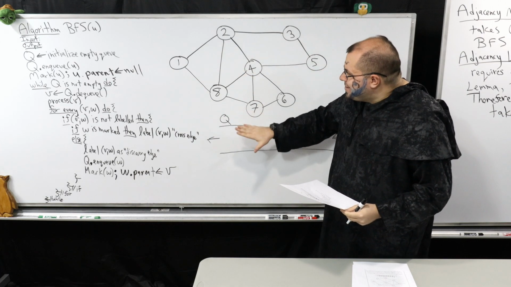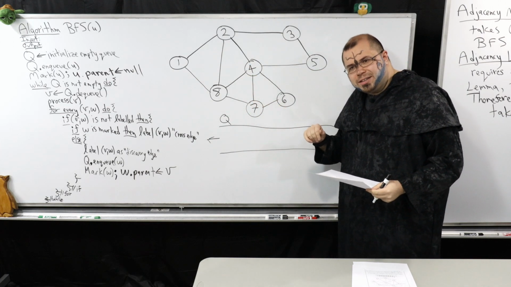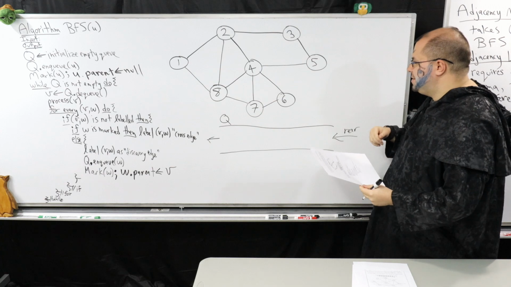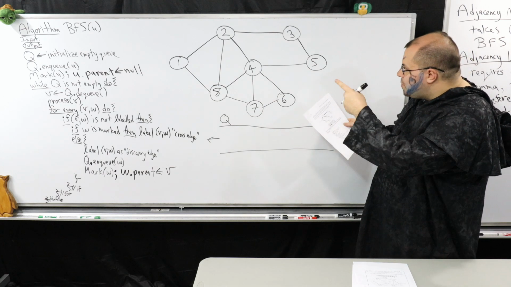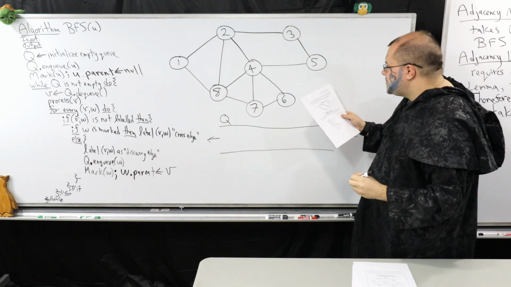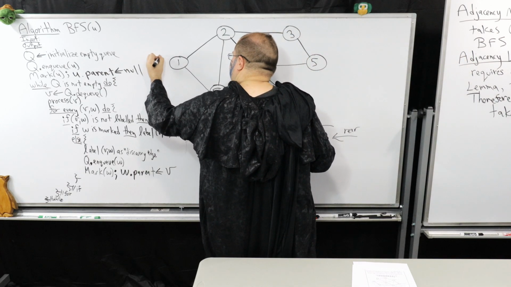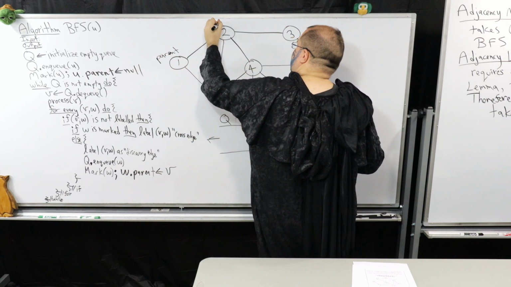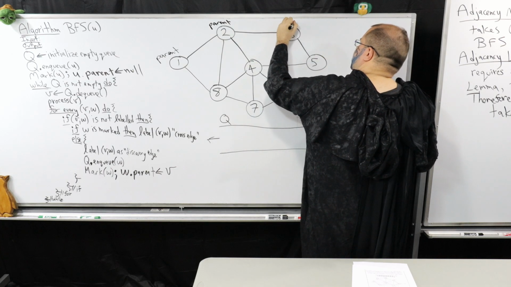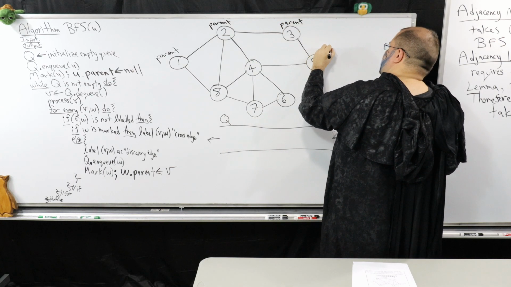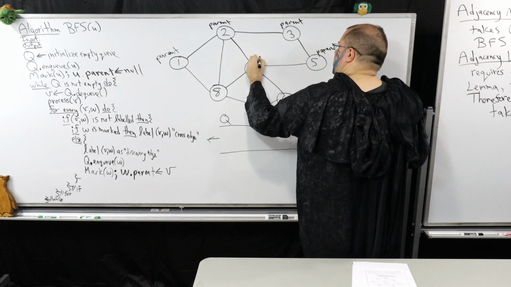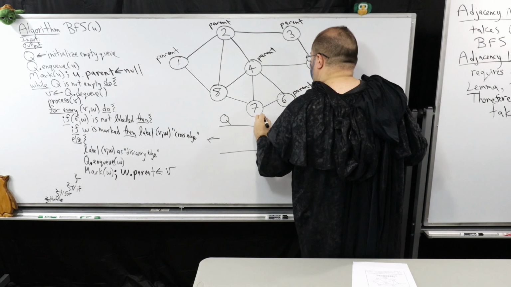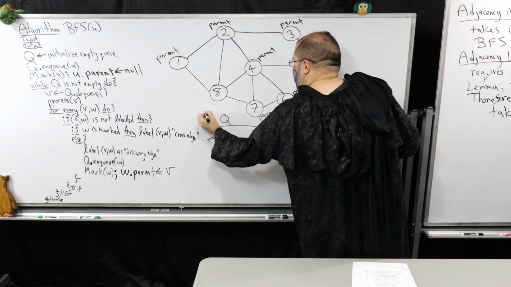So I want to keep these 2 things in mind when I'm doing this example so I can illustrate how you can build the tree. And you can do the very similar thing with DFS if you want to know how to build this tree. So for each one of my vertices, so I have a graph right here, I'm going to assume each one has a parent attribute, just like I've laid out over there. So all these are going to have a parent, another parent, then another parent, and another parent.